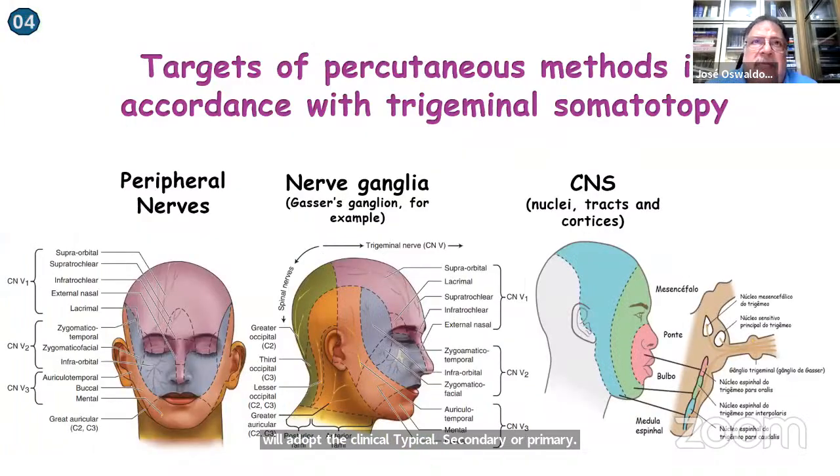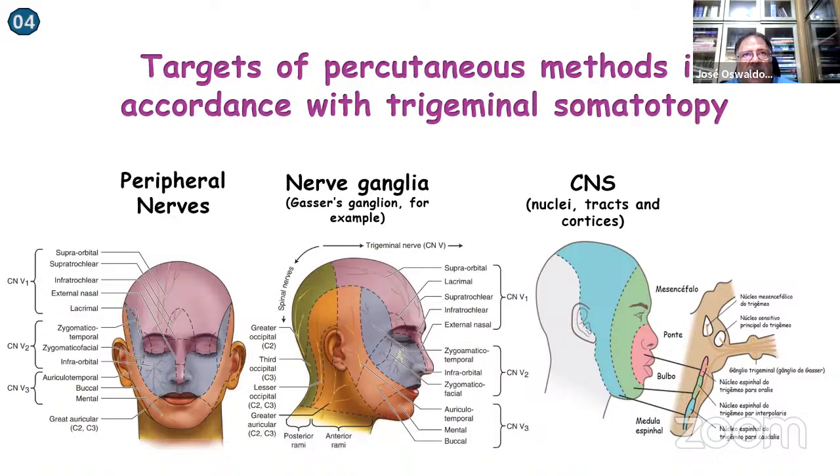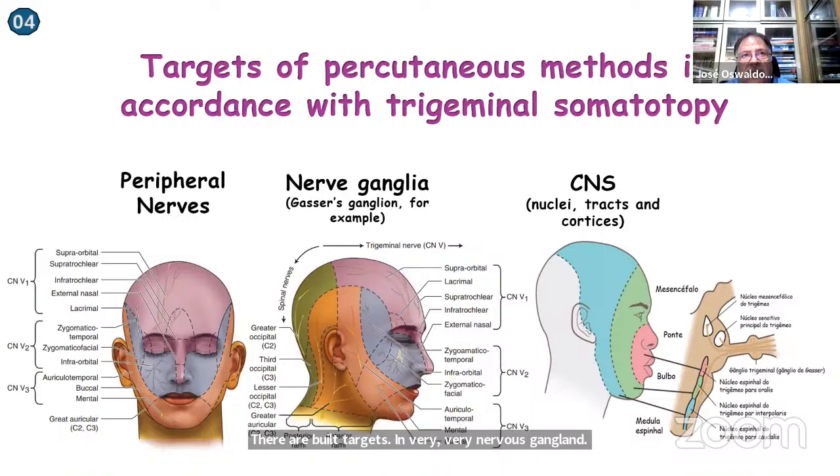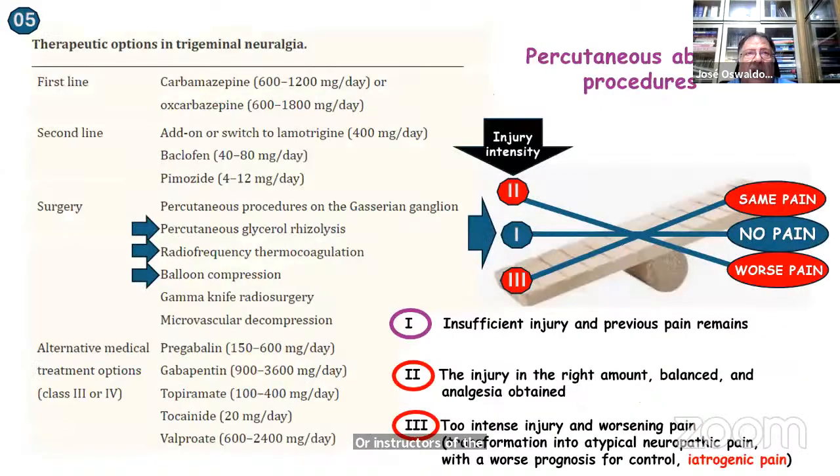According to the pain field complaint and the pain territory, trigeminal somatotopy allows choosing therapeutic targets in peripheral nervous ganglia or structures of the central nervous system. Relief procedures in which we preserve the system are called non-ablative.